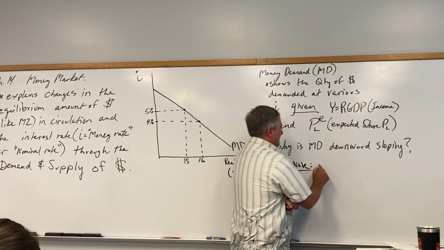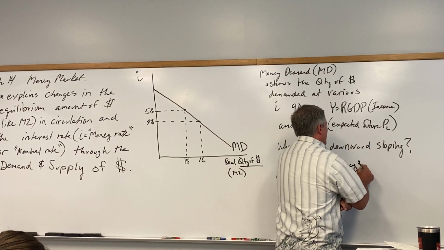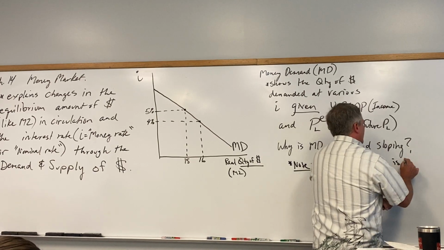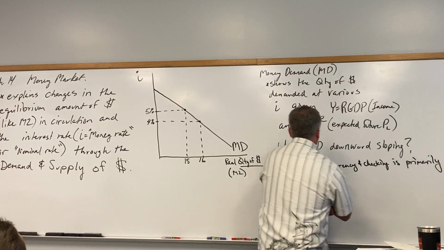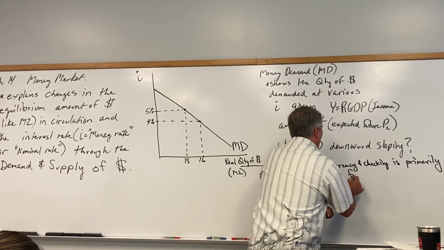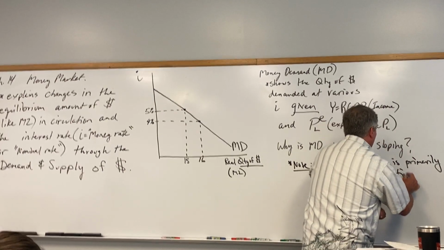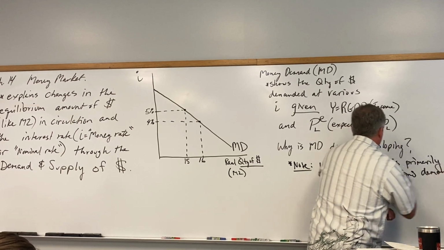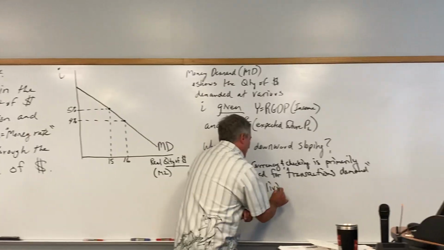So number one, currency and checking is primarily used for what we call transactions demand. As Tim said, living your life.